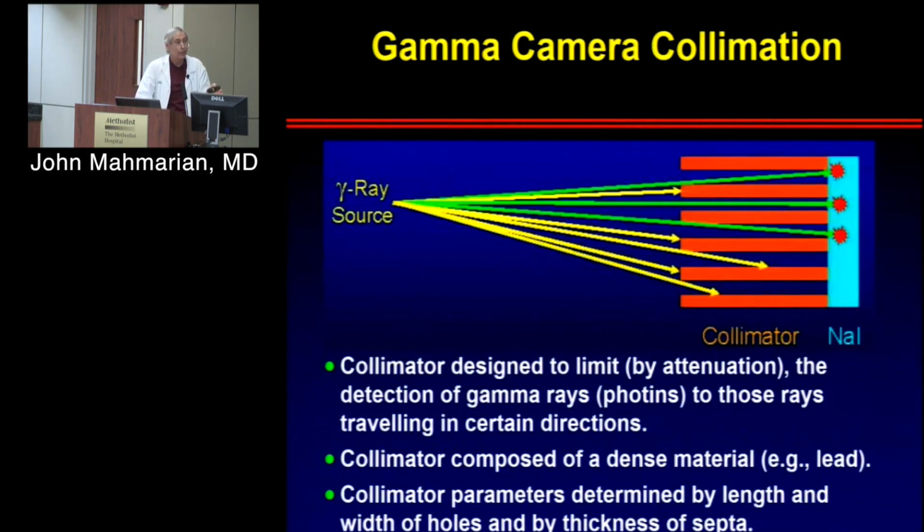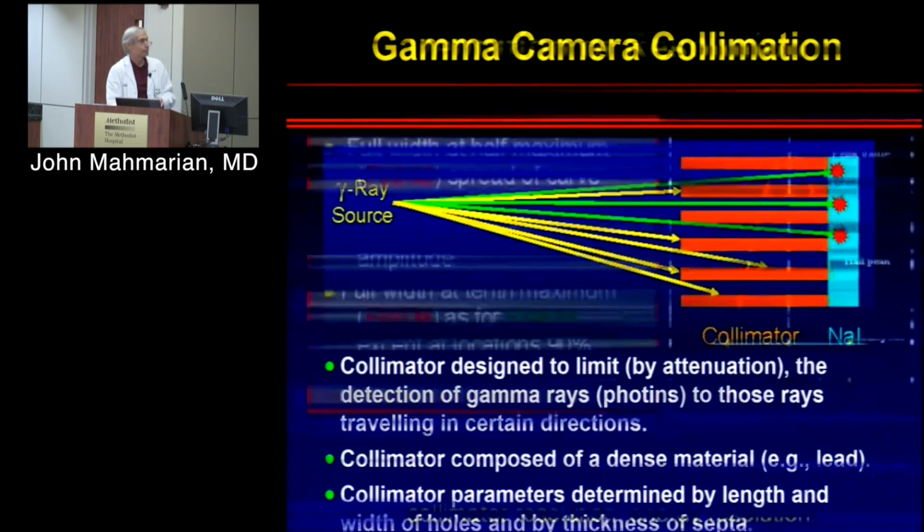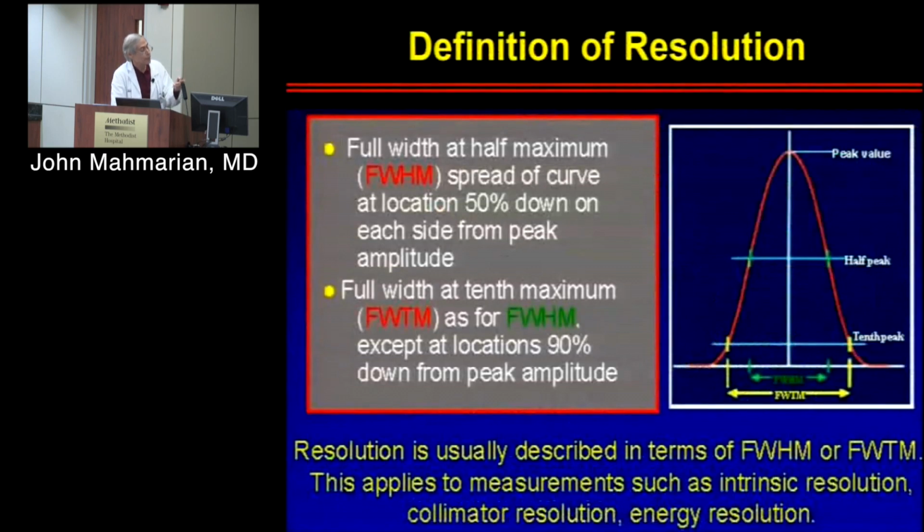And it turns out that in nuclear cardiology, over 99% of photons actually never reach the surface of the camera, because of all of these different things, either photon attenuation in the body or the lead collimator stopping things from getting through. It also turns out that this has a lot to do with resolution, and it's very important to know what full width half maximum really is in terms of the point spread function.